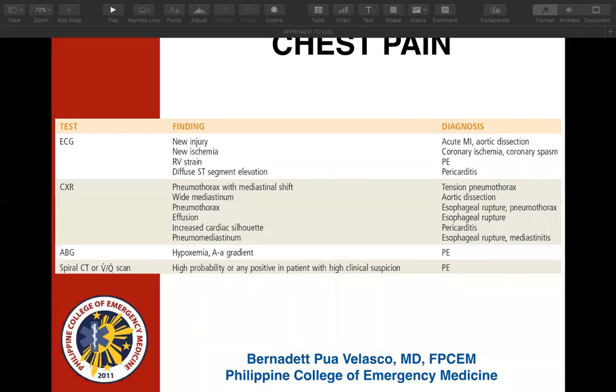Chest X-ray can rule in or out tension pneumothorax, aortic dissection, a simple pneumothorax, pericarditis, esophageal rupture, and mediastinitis. You can also request an ABG to check if the patient has pulmonary embolism or not.